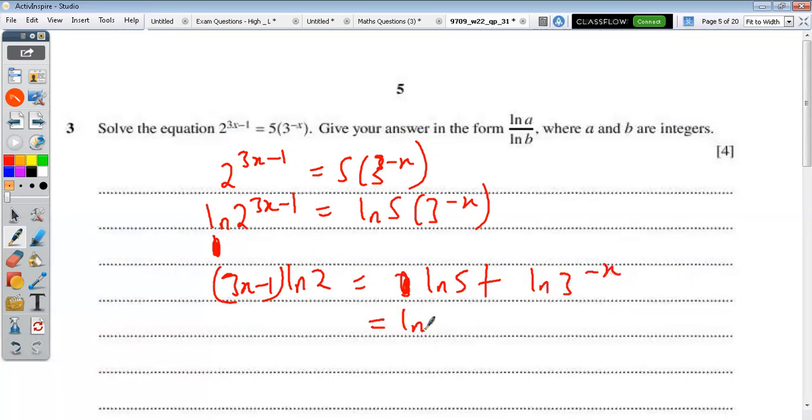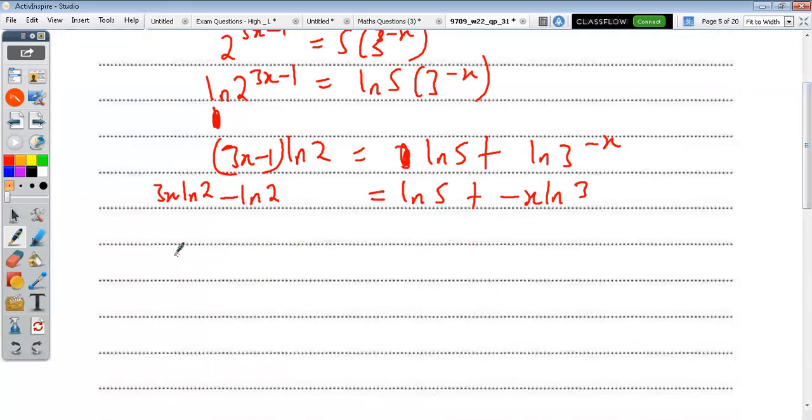So that is as good as ln 5 plus minus x ln 3 is equal to, remove brackets here, 3x ln 2 minus ln 2. So that's 3x ln 2. Bring this to the other side, becomes plus x ln 3 is equal to ln 5 plus, take that to the other side, ln 2.